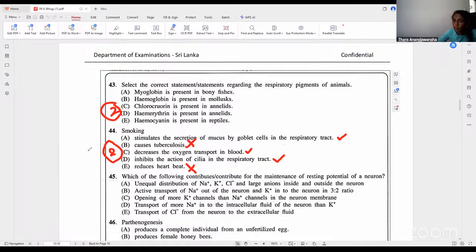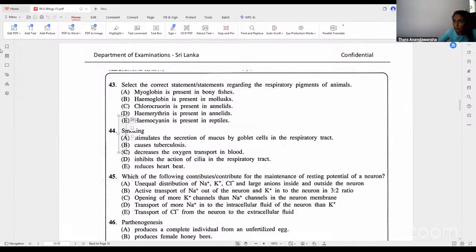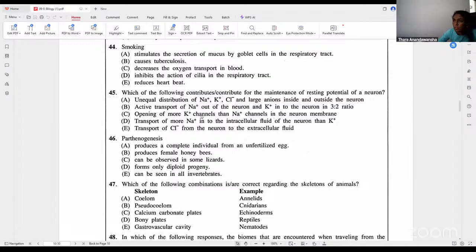Let's go to the 45th one. Which of the following contributes to the maintenance of resting potential of a neuron?